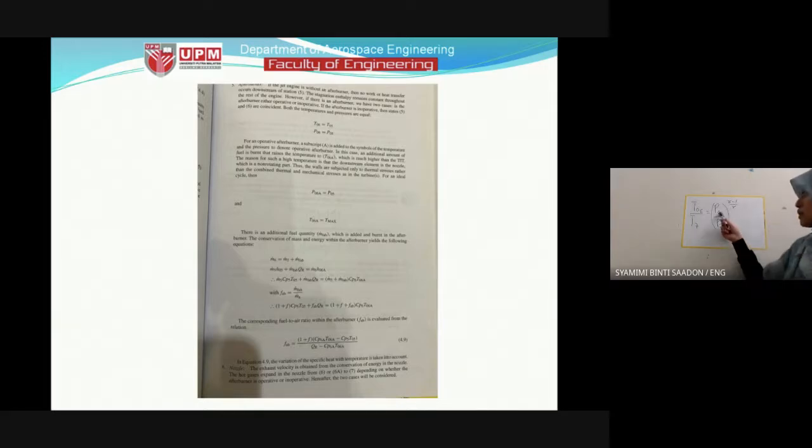PO6 we already have, just now 317.86 kilopascal. P7 is given.